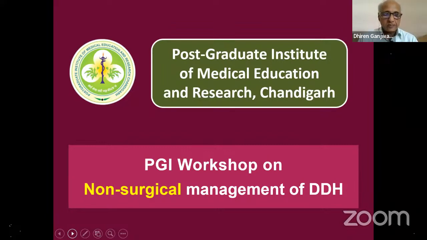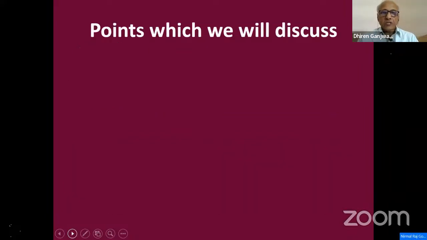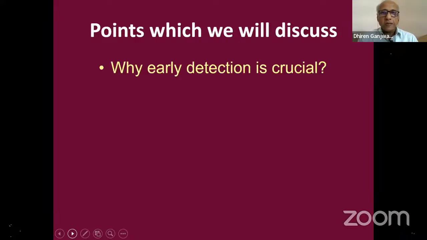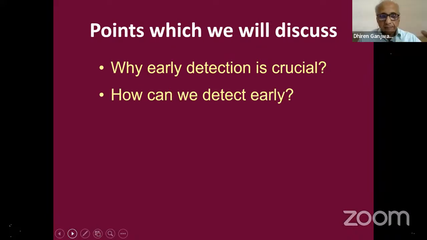In the subsequent slides, the points we are going to discuss in this presentation are 4 important points. The first is why early detection of DDH is crucial. The second is the method: how can we detect it early?